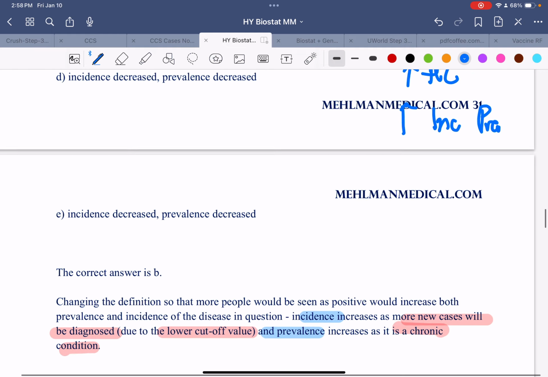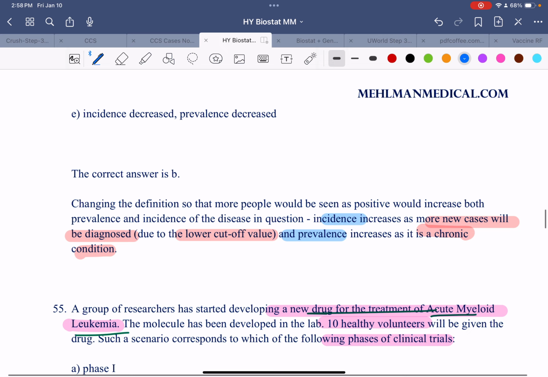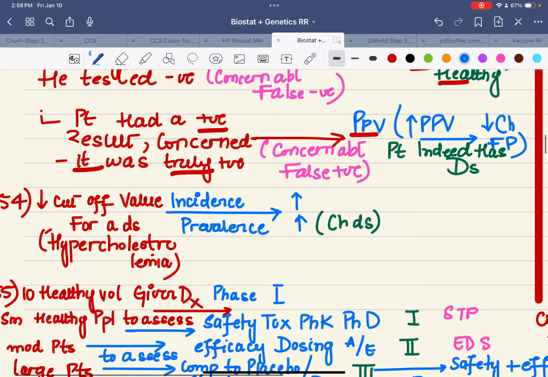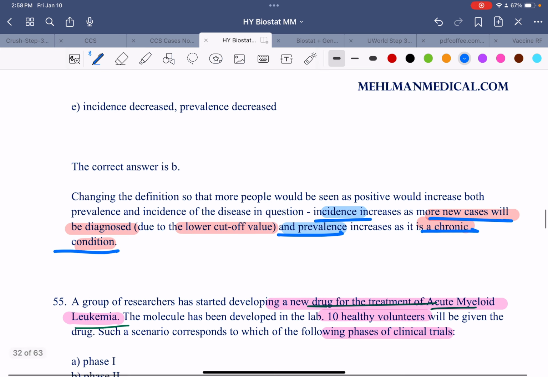So the correct answer over here is B. If we decrease the cutoff value at which the test comes positive, then both the incidence, that is the new cases, as well as the prevalence, that is the number of patients that exist, are going to go up. If we decrease the value for a particular disease, where of course we call positive any value greater than that cutoff value, then both the incidence and the prevalence would actually increase.